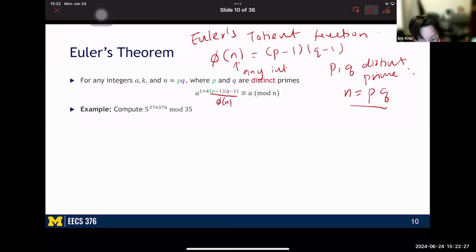Then this is equivalent to a in mod n. It looks very similar to FLT, except that now we don't have to worry about whether we are taking mod a prime. It works for any n. We just need to find p and q such that n equals pq, and then compute Euler's totient function.